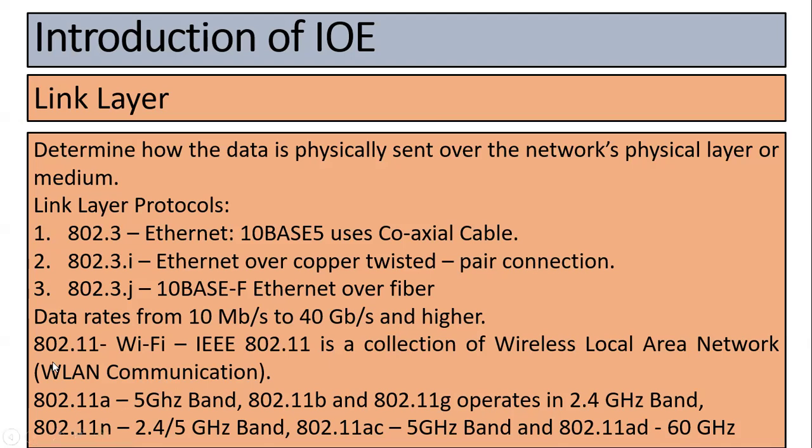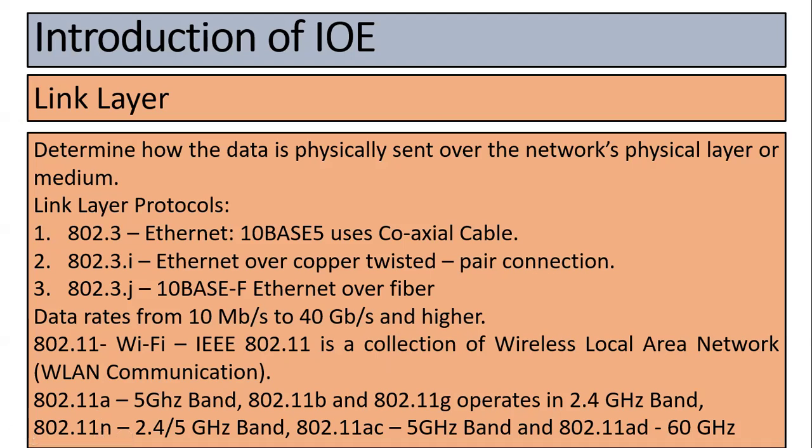The next protocol which was used was Wi-Fi, that is 802.11. You have studied this in wireless communication in your undergraduate duration. 802.11 is a collection of wireless local area network, WLAN, communication standards. Under that, different versions are available, operating at different bands.